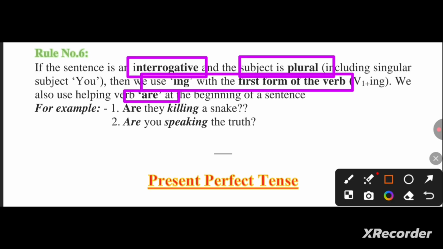We can see over here in the sentences, are they killing a snake? Are you speaking the truth? Here we can see that helping verb are has been used and ing has been used with the first form of the verb. This is all about present continuous tense.